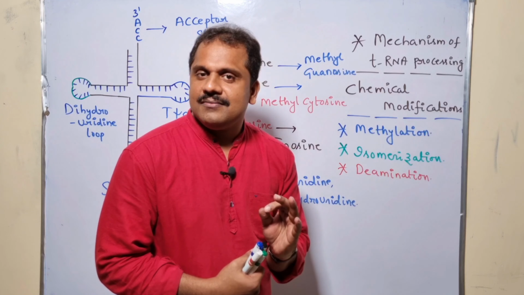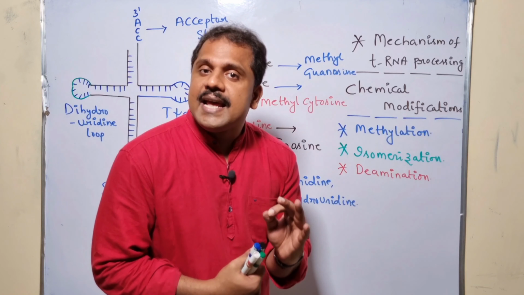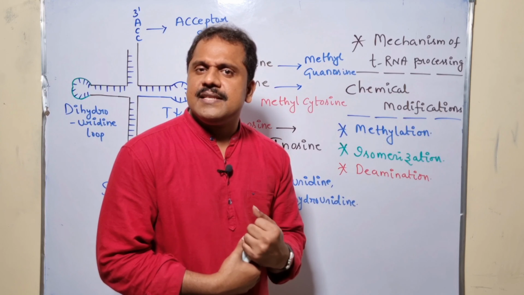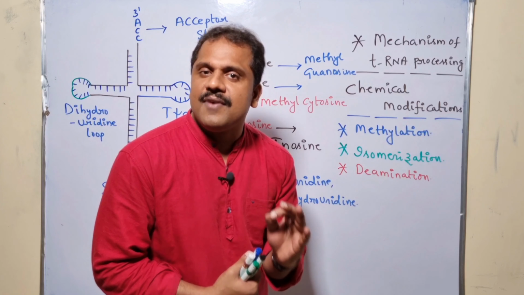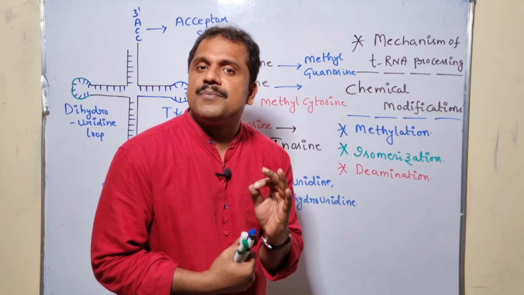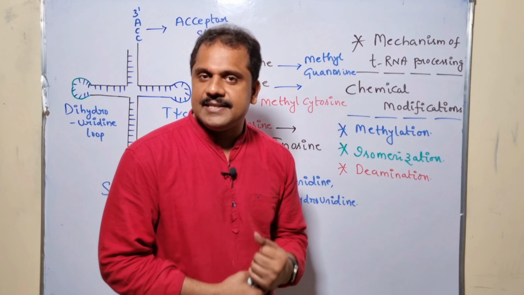As we all know, the tRNA is synthesized during the transcription mechanism in the nucleus. After the successful synthesis of the tRNA by RNA polymerase 3, the tRNA has to be exported from the nucleus to the cytoplasm in order to participate in the translation mechanism.